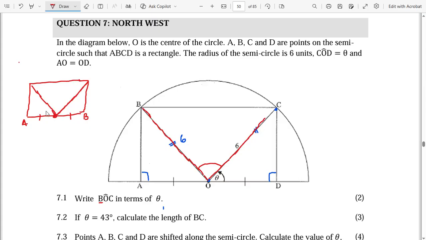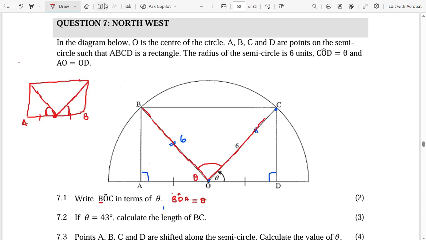By symmetry, this angle here will be equal to that angle. So this tells you that this angle here is theta. That's what I'm going to first tell the marker: that angle BOA is equal to theta.